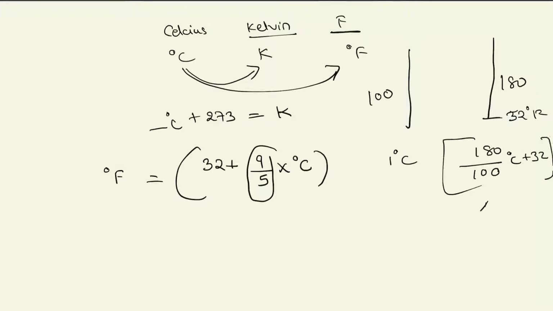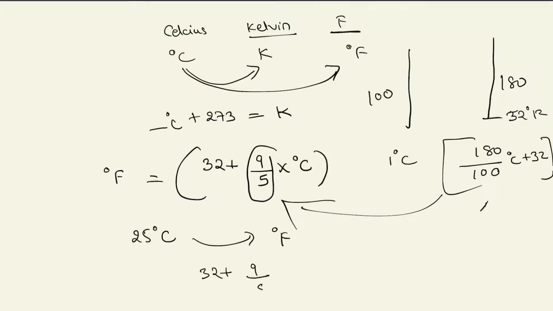This way this formula has come up. Let us say we are given a temperature of 25 degrees Celsius and we have to convert it into degree Fahrenheit. By substituting in the above given formula and adding 32, it will come out to be 77 degree Fahrenheit.